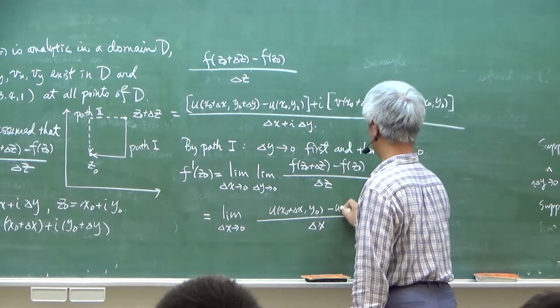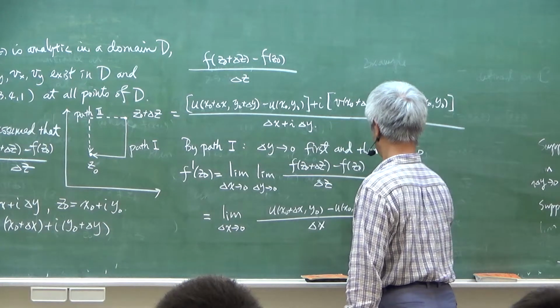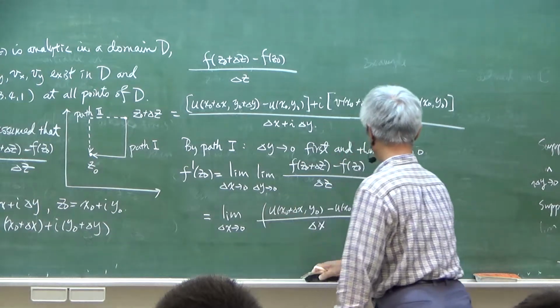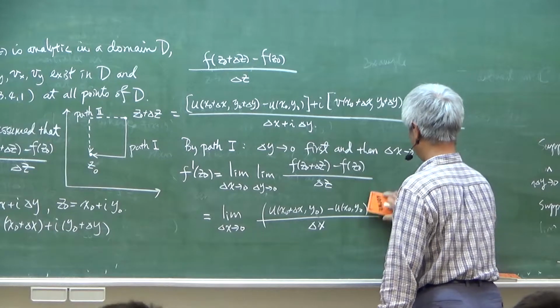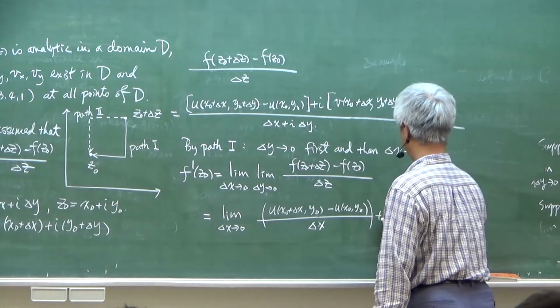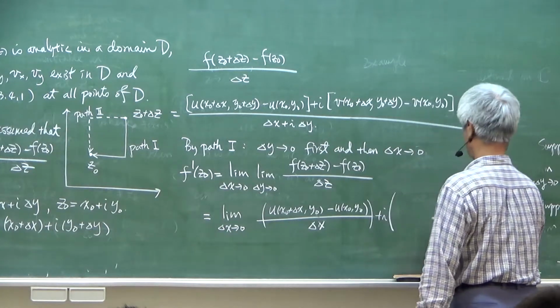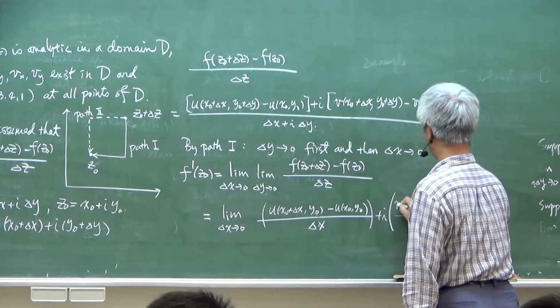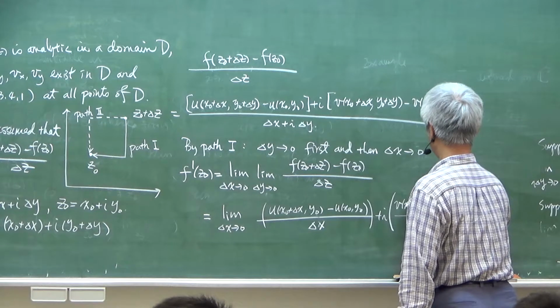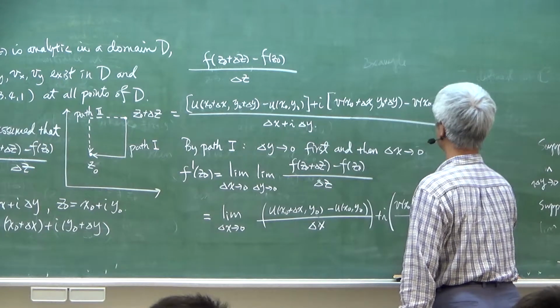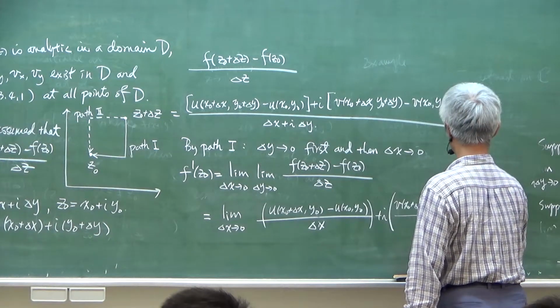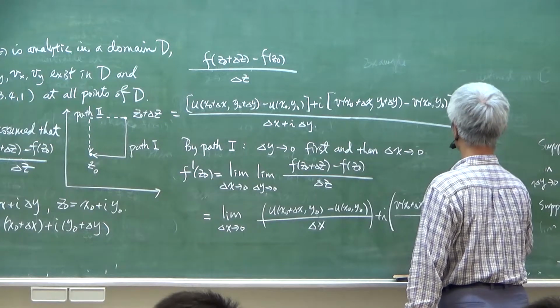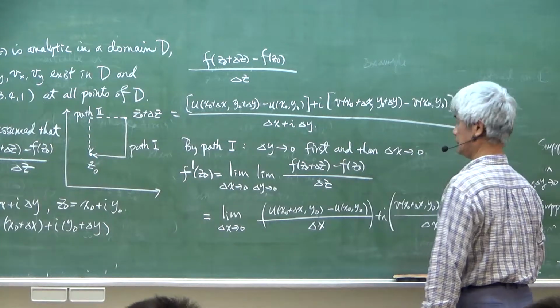And here we have u of x0, and for v we have v of x0 plus delta x, y0, minus v of x0, y0.